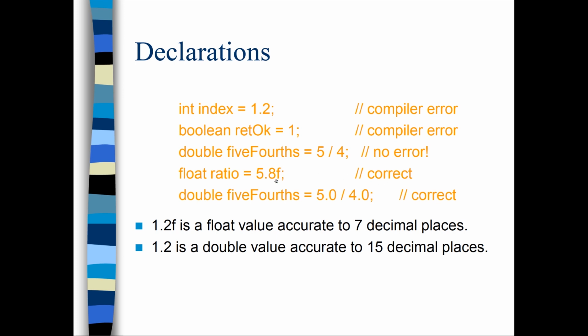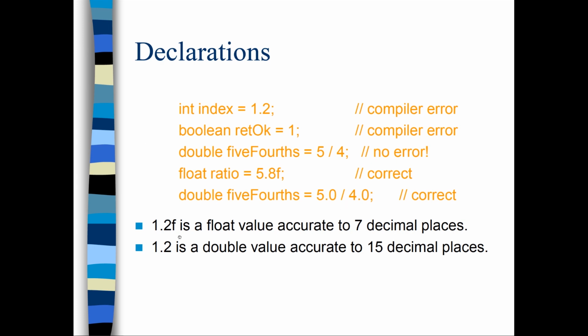So this f needs to be appended in Java while storing a float value, and this is not actually recommended while using double. So this f indicates to your compiler that this is a float value. Similarly, if you write something like this, double 5/4 equal to 5.0 divided by 4.0, it will return correct, so that won't be any issue with your compiler.